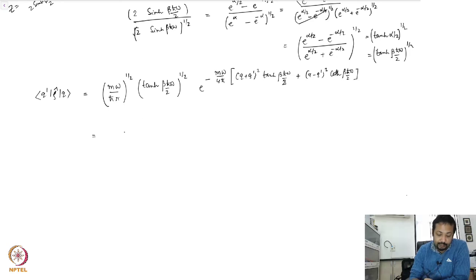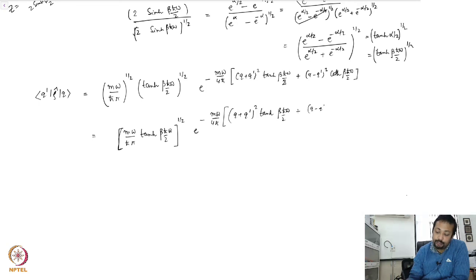A little simplification would give me m omega over h bar pi tan hyperbolic beta h bar omega by 2 raised to the power half e to the power minus m omega over 4h bar q plus q prime whole square tan hyperbolic beta h bar omega by 2 plus q minus q prime whole square cot hyperbolic beta h bar omega by 2. Now I want to test.